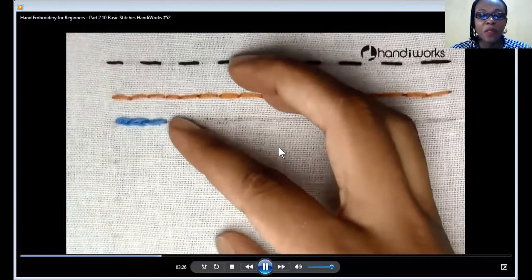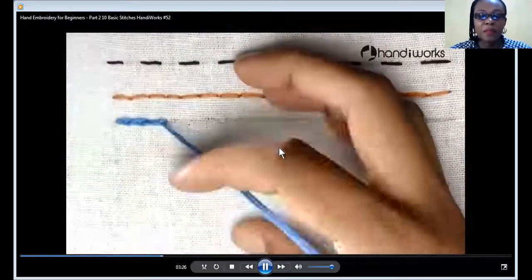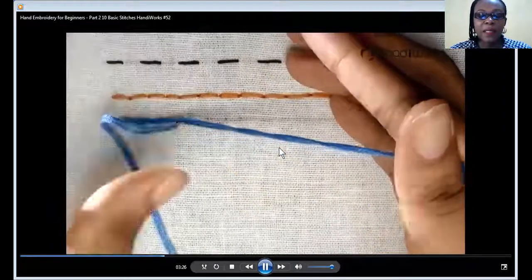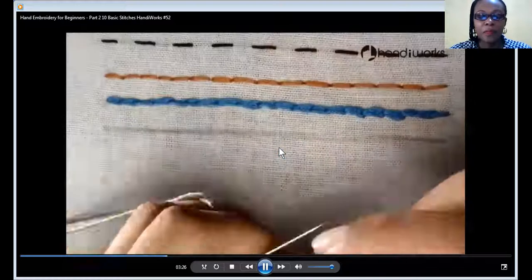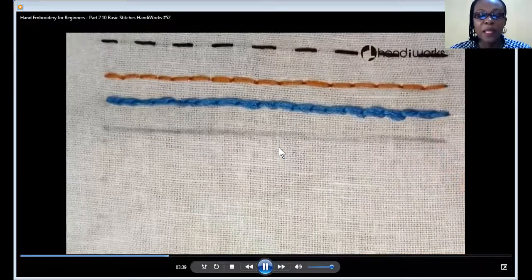Push it very closely. Yes. Split stitch. Wow. It's done with split stitch.